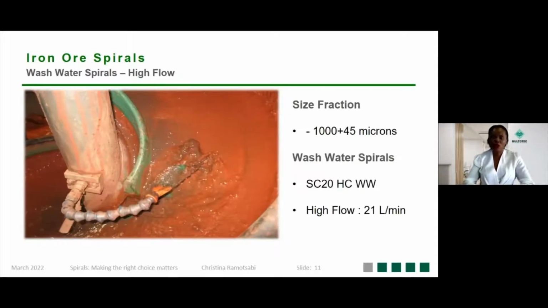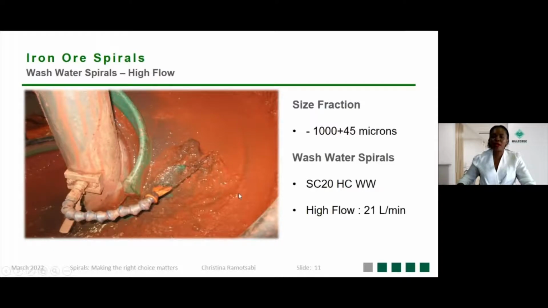For complex or difficult to separate ores, in particular where there are challenges with coarse silicates, meaning a particle size above 300 micron, we typically utilize wash waters on the spirals. The wash waters help with increasing the fluidity and, number one, eliminate the bleaching.